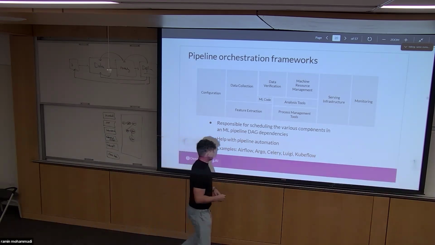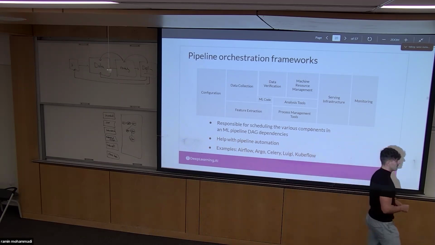Okay. Again, these are examples: Airflow, Argo, Celery, Luigi, Kubeflow. I think we have a lab on Kubeflow and Airflow, and I think one of your TAs is working on a lab on Argo. Argo and Kubeflow are more on the Kubernetes side of the work, and Airflow is just general.